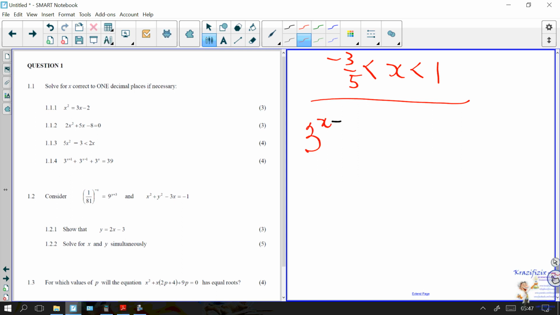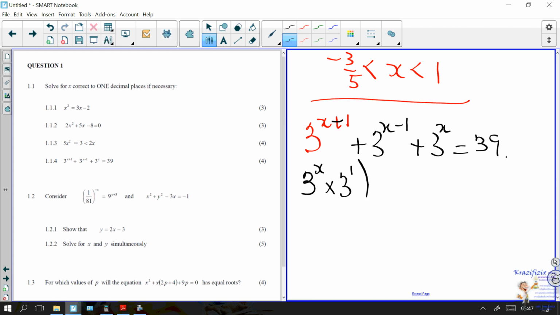3 to the power x plus 1, plus 3 to the power x, equals 39. What I need to do here is expand all of this, by saying this means 3 to the power x times 3 to the power 1, plus 3 to the power x times 3 to the power negative 1, lots of indices, plus 3 to the power x equals 39.